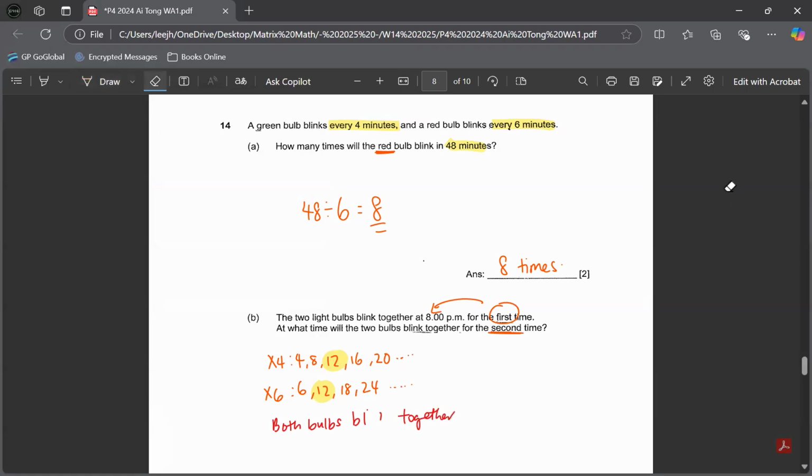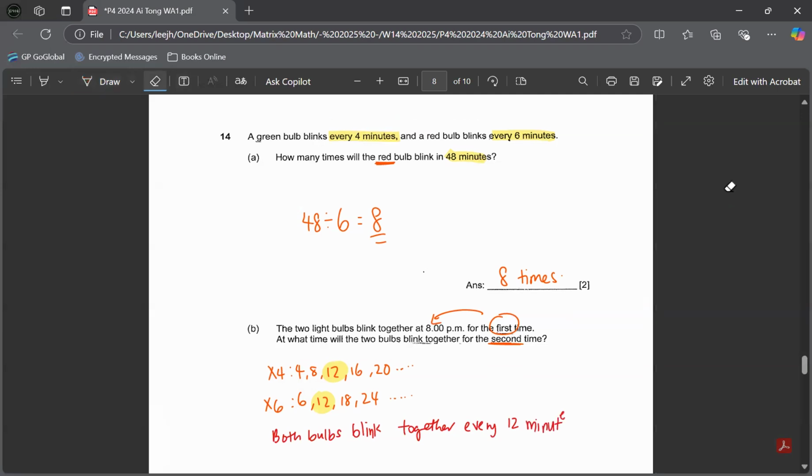Sorry, a bit messy. This one I write again. Blink, B-L-I-N-K. Both bulbs blink together every 12 minutes.